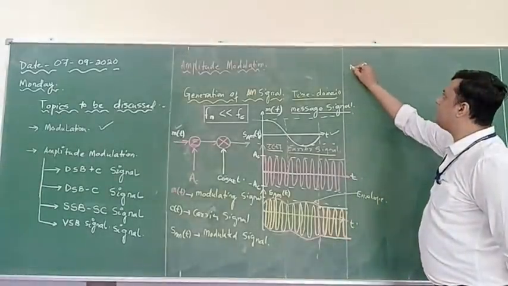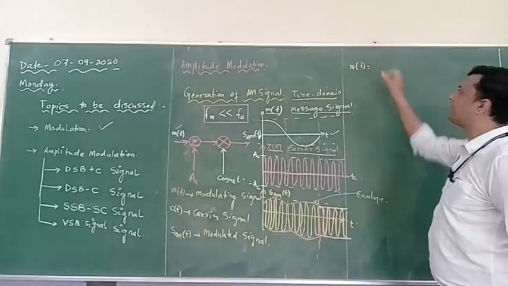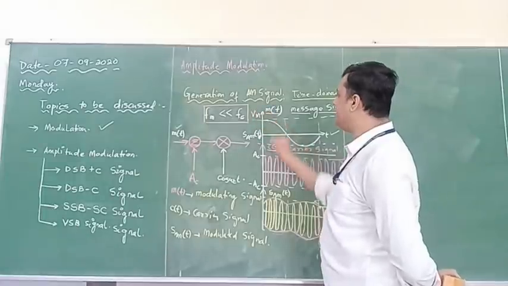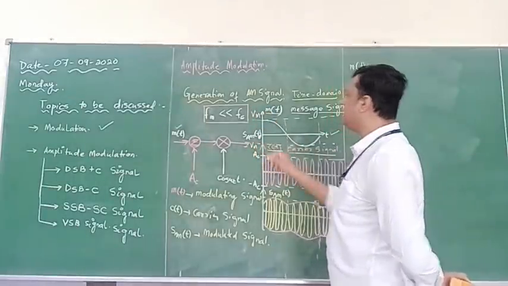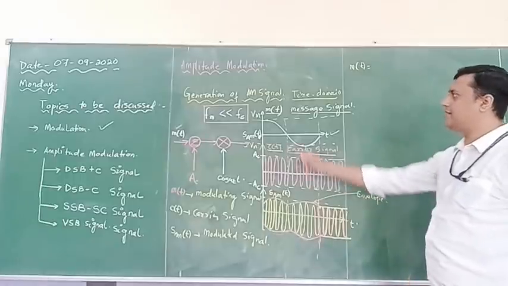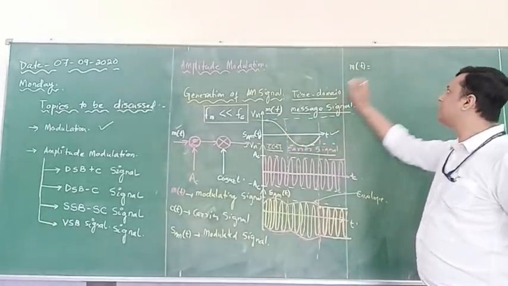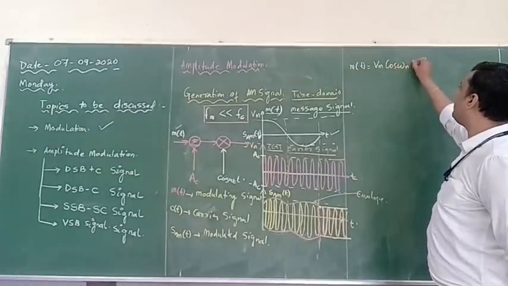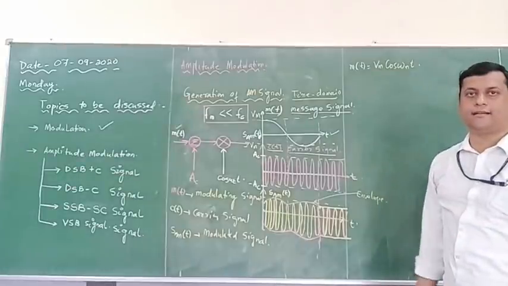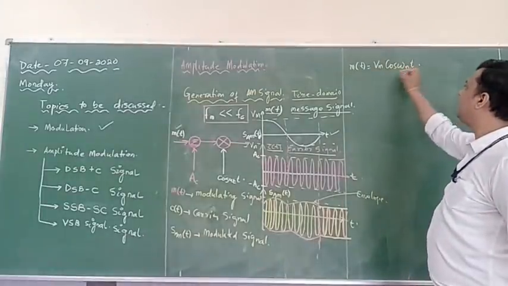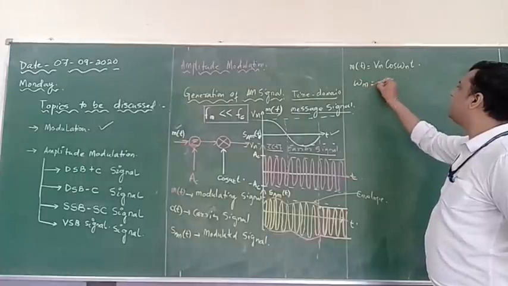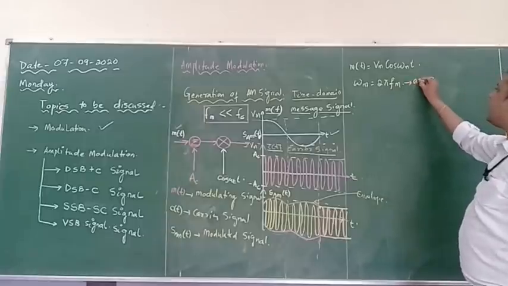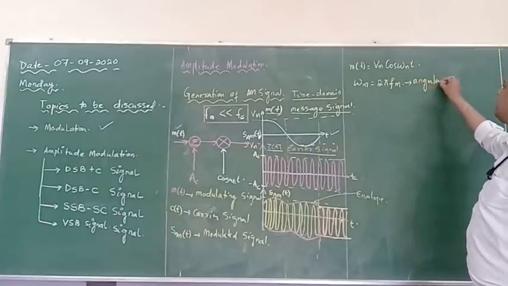Let us consider m of t, whose amplitude is Vm and minus Vm. This is our cosine signal because it is starting with some DC offset value. So here I will write Vm cos omega m t, because it is a cosine signal. Here omega m is equal to 2 pi fm, which is the angular frequency.